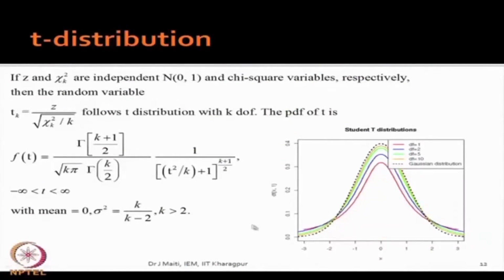And you see the shape of T distribution is similar to normal distribution. When the degrees of freedom become infinite, it will exactly match with normal distribution. What is the mean value of T distribution? You are not getting.